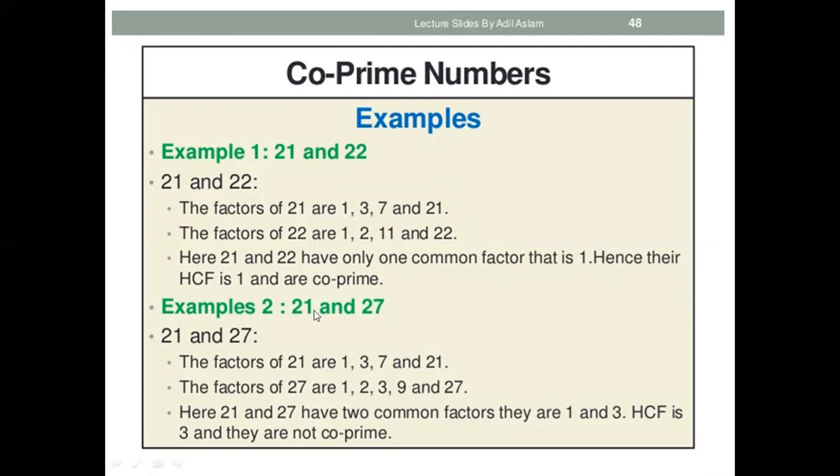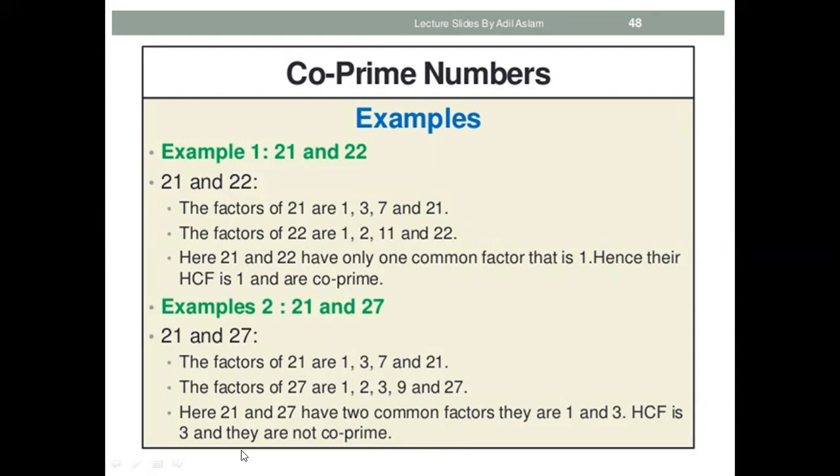Next example, 21 and 27. We find the factors of 21, which are 1, 3, 7, and 21. Factors of 27, that is 1, 2, 3, 9, and 27. This is a misprint. There will be no 2 over here, children. 1, 3, 9, and 27.